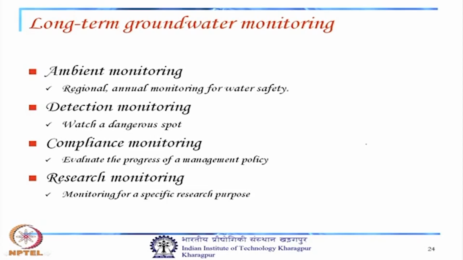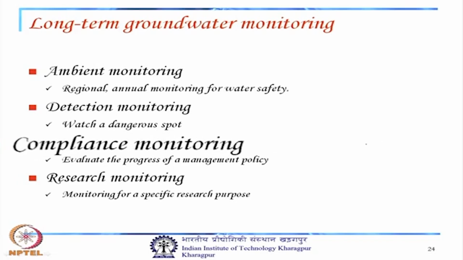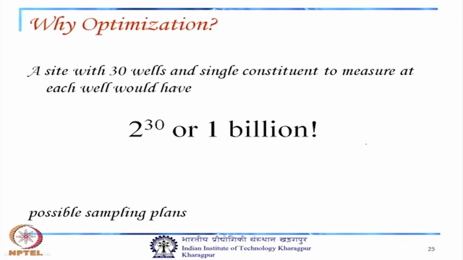Compliance monitoring, to evaluate the progress of any management policy or remediation process. Research monitoring is monitoring for a specific research purpose. Out of these, in most cases compliance monitoring is the important one.